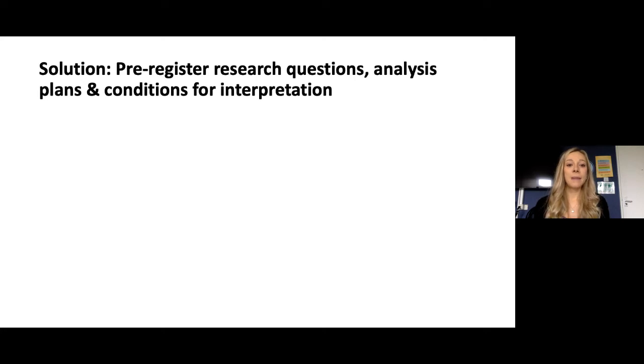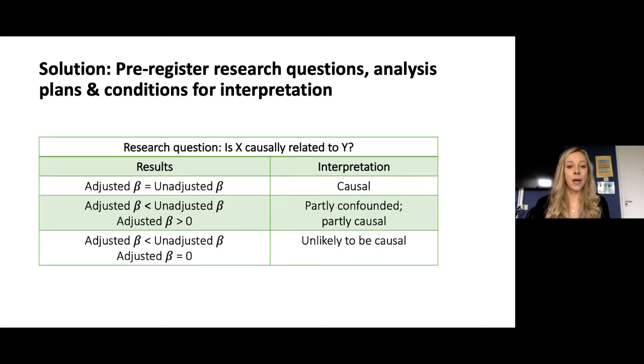And there is detailed guidance on the OSF template for pre-registering secondary data analysis about how to pre-register research questions and analysis plans in sufficient detail. But in terms of pre-registering conditions for interpretation, here's a small example, which I won't go into too much detail about, but the aim is to pre-specify as much as possible all potential different results that you might obtain.